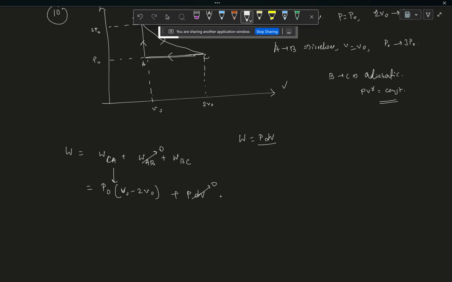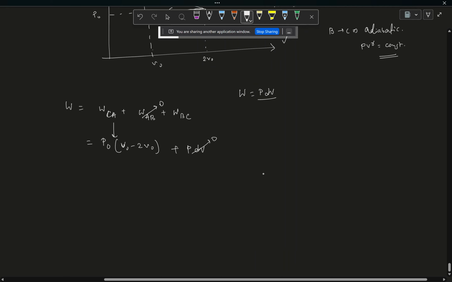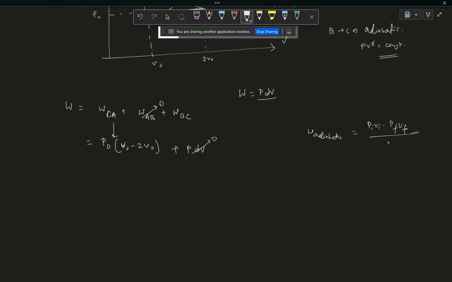And finally BC for the adiabatic path. You know the formula of adiabatic work done already from our earlier lectures and tutorial series, so I'll be directly using it: the work done for an adiabatic process is (Pi Vi minus Pf Vf) by (gamma minus 1), where Pi and Vi are the initial pressure and volume, and Pf and Vf are the final pressure and volume.